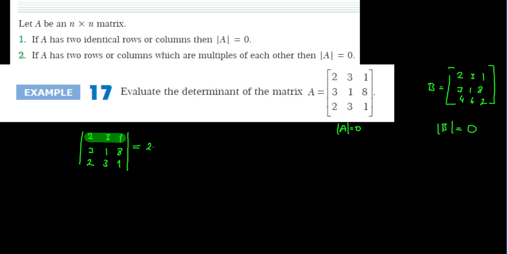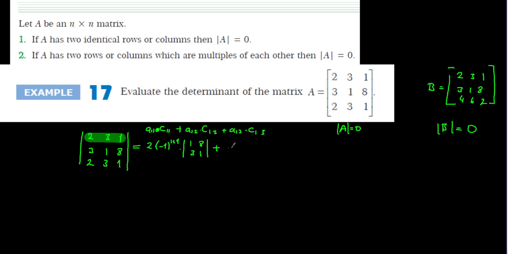Let me write the formula: A11 times C11 plus A12 times C12 plus A13 times C13, which is equal to 2 times minus 1 to the power of 1 plus 1 times the minor, for the first row, first column, which is equal to the determinant of 1, 8, 3, 1.